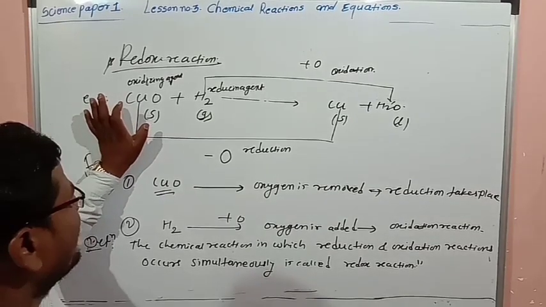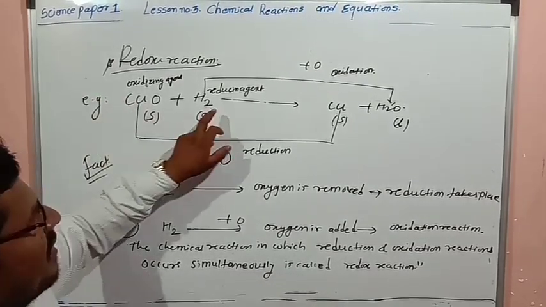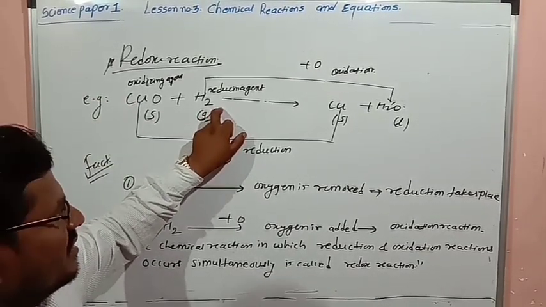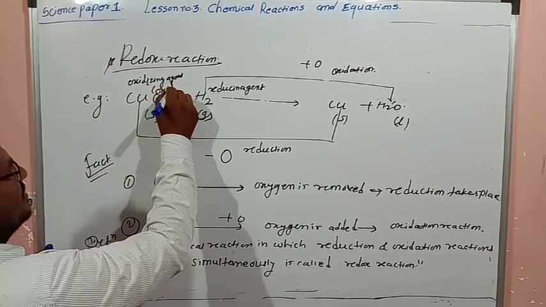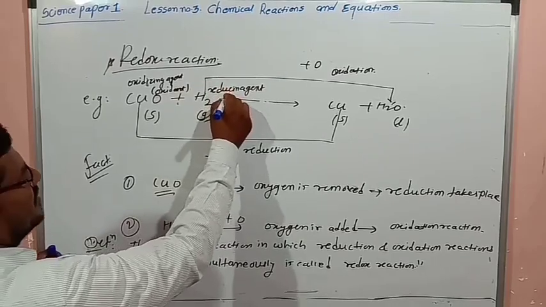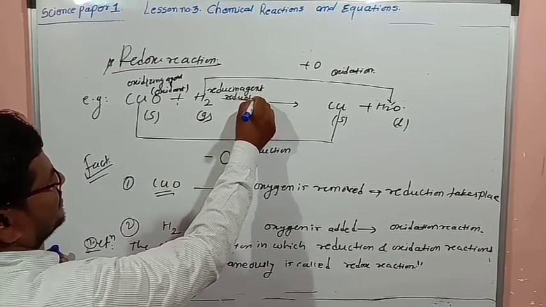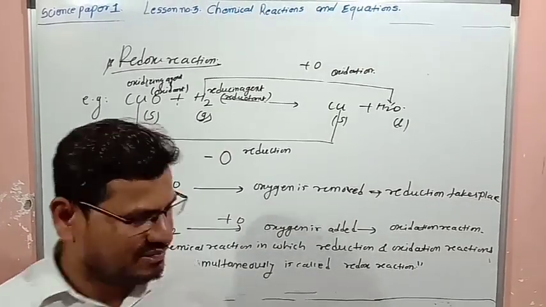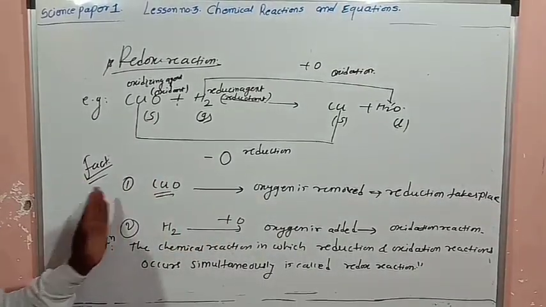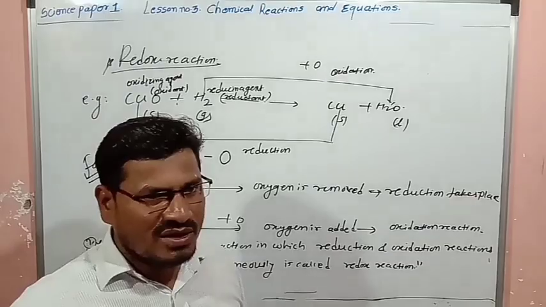Copper oxide is the oxidant, and hydrogen is the reductant. You can also say here oxidant, and here reductant. So in other words, you can write the definition. How will you write the definition in other words?